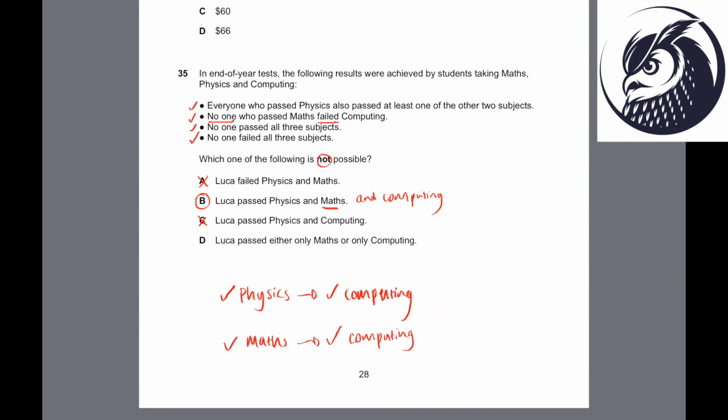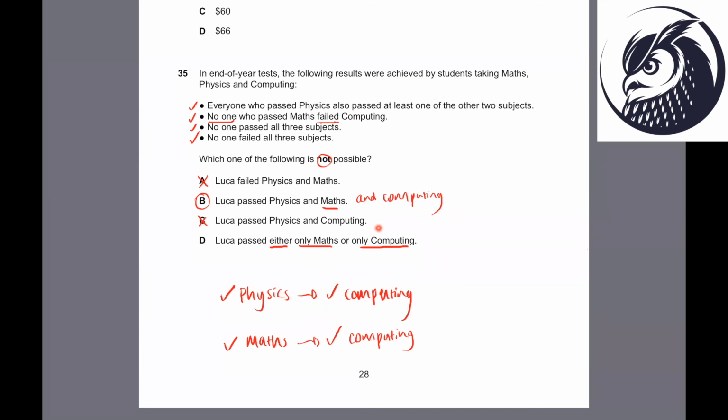Now, option D might sound a little bit confusing, but we have to read it carefully. It says Luca passed either only maths or only computing. So it says either. It means either option could occur. Okay. So is it possible for Luca to pass only computing? Yes, it is. Right.